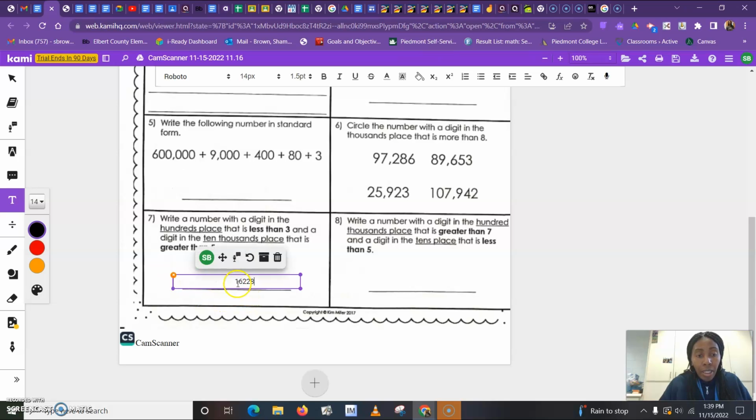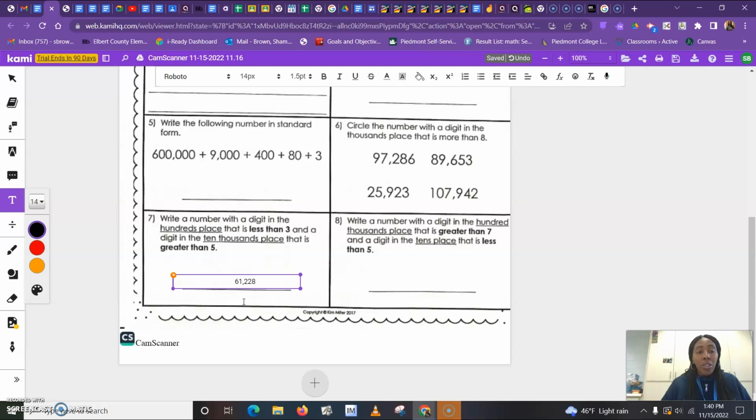If I look at my 10,000s place, I don't have a number that's greater than 5, so I need to switch this 1 with this 6. I could put the 1 right there. So now my number in the 10,000s place is a 6, and a 6 is greater than 5. So all your other digits, it does not matter what number you have there. So my number is 61,228. So you have to make up your own number.